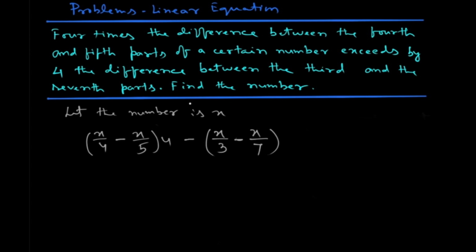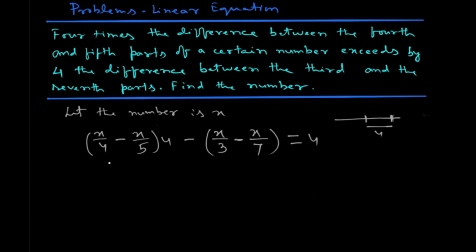You read it carefully if you do not understand. So this thing exceeds this thing by 4. If you take the number line, this value will be somewhere here, and this value will be somewhere here, and their difference is 4. That means this value exceeds this value by 4. Okay, now let us solve this.